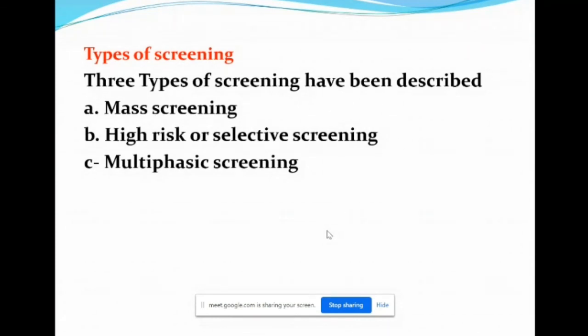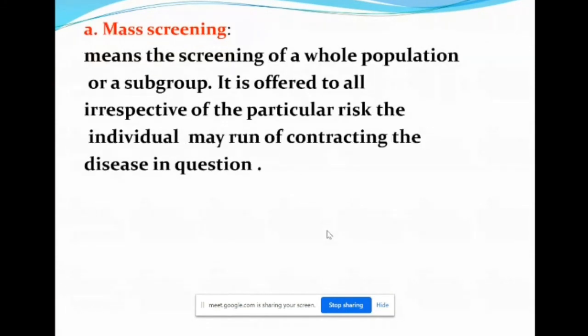And lastly, we will talk about types of screening. There are 3 types of screening that I would like you to know: mass screening, high-risk or selective screening, and multiphasic screening.